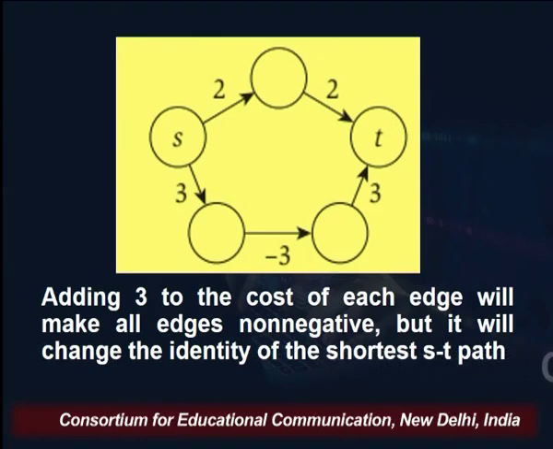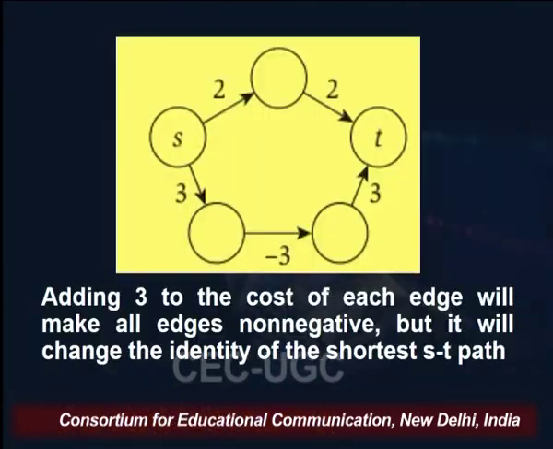So the lower side path is preferable. Now, in order to deal with these negative edge weights, let us suppose that we add 3 to the cost of each edge. So all the edges will become non-negative, because minus 3 will become 0, but it will change the identity of the shortest S-T path.